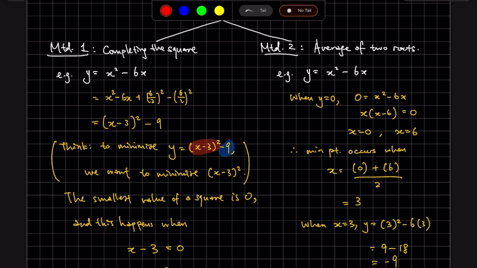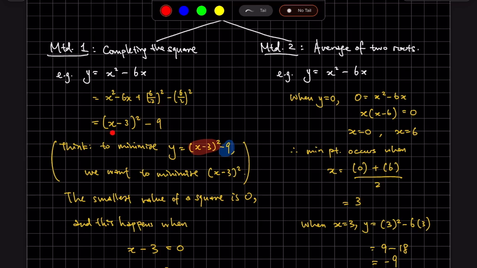If everything inside the bracket equals 0, that means x minus 3 equals 0, then the whole square will be 0. It will be 0 minus 9, negative 9. Now you can play around with your calculator and sub in different values.